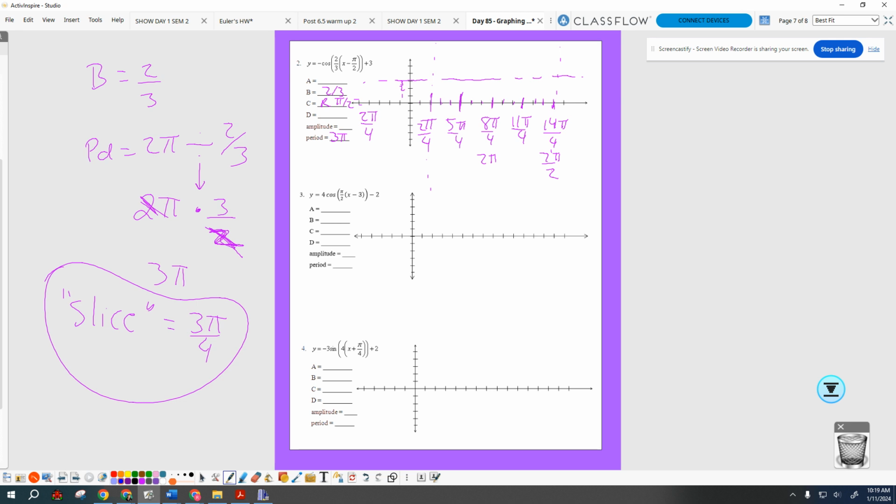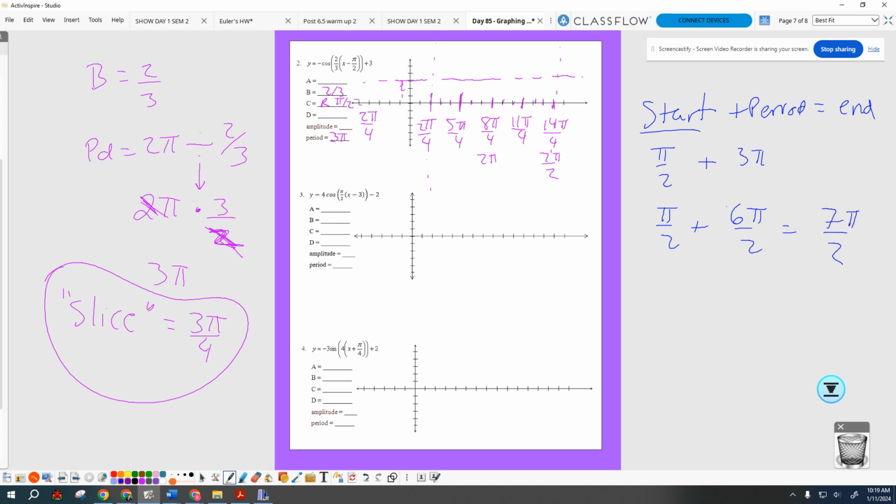Okay, so we started at pi over 2. The period of this function we calculated to be 3 pi. So one complete wave is going to happen at seven pi over 2.